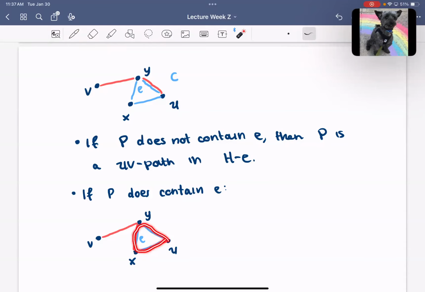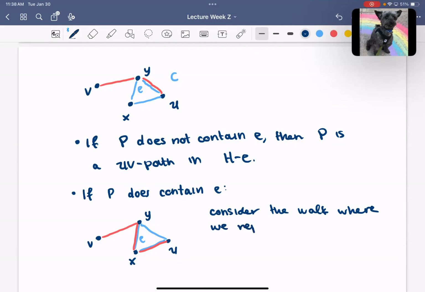Basically the cycle means we have two options, right? We could go the way that went through E, or we need to go the other way. So here's how we're going to do that. Let's consider the walk where we replace E in P with the rest of the cycle.